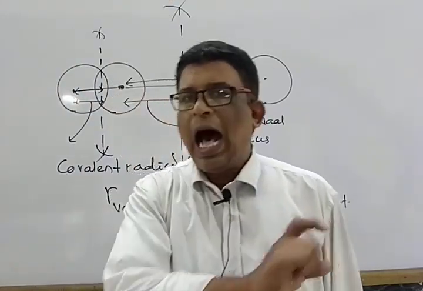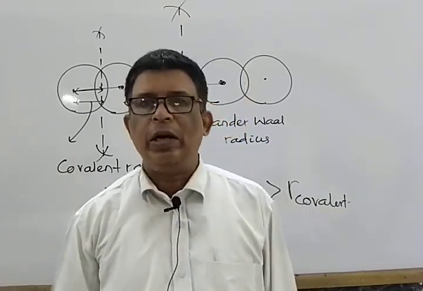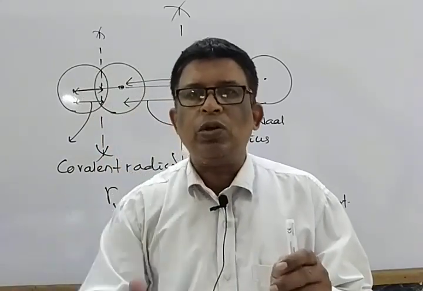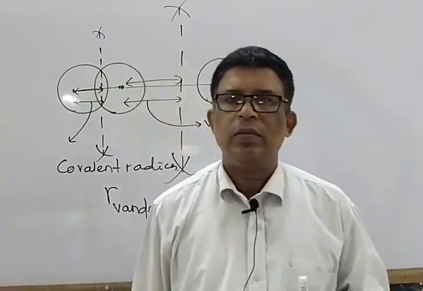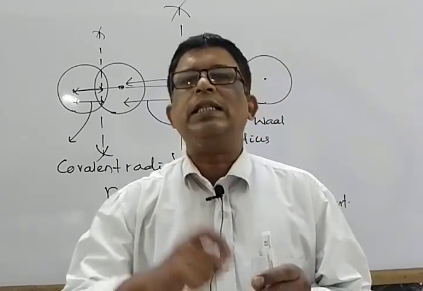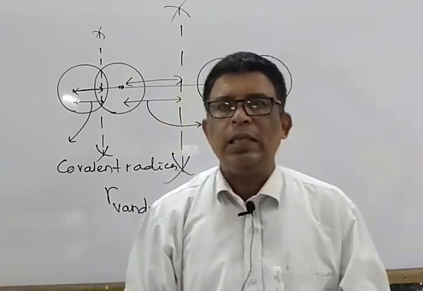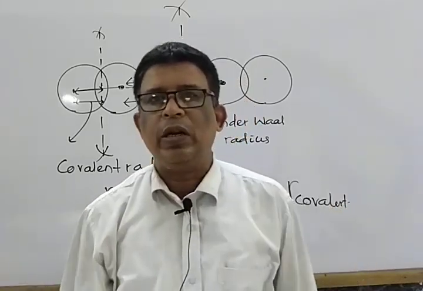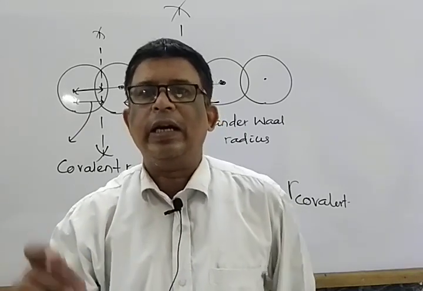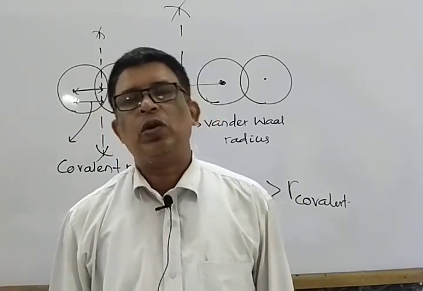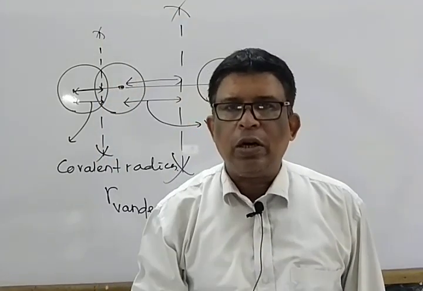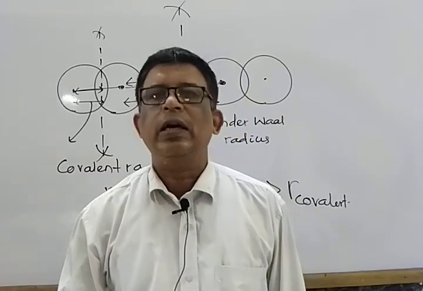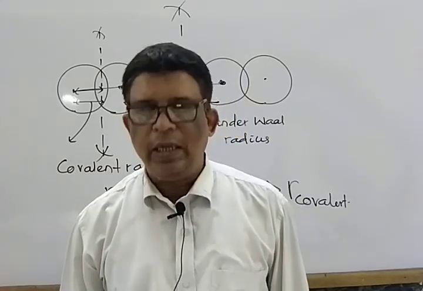On the other hand, across a period from left to right, no doubt the atomic number increases, but there is no successive addition of a new shell. As a result, due to the increase in nuclear charge, it attracts the valence electrons as well as the shell, so the shell comes closer to the nucleus and atomic radii gradually decrease. So the conclusion is: from top to bottom, atomic radii increase, while across a period from left to right, atomic radii decrease.